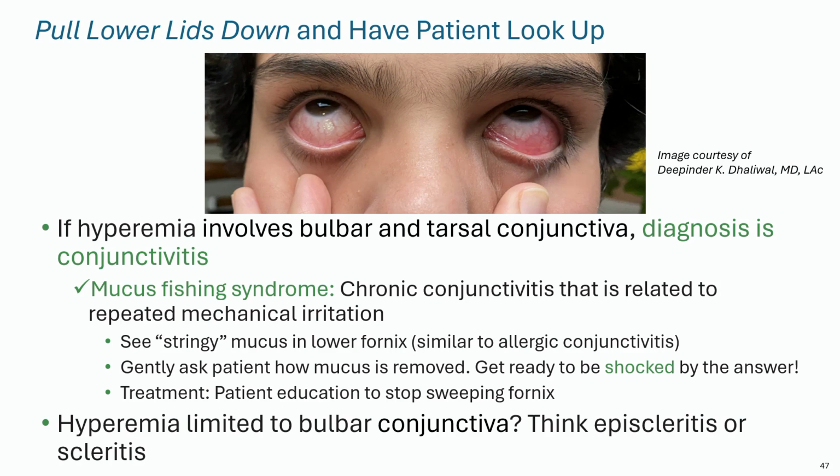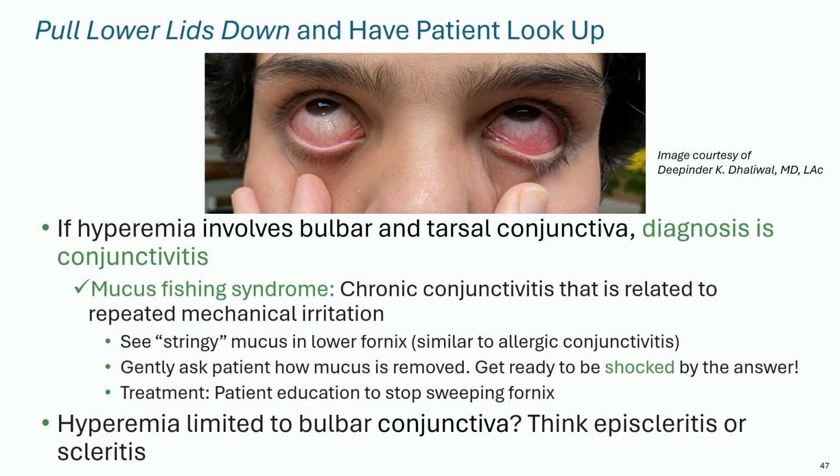The other masquerader that we often see referred in is mucus fishing syndrome. And this is a chronic conjunctivitis that's really secondary to a mechanical irritation. So my tip-off is I'll see a little stringy mucus in the lower fornix. And it looks kind of like allergic conjunctivitis, but it's more chronic. And then I gently ask, that mucus must be super irritating.